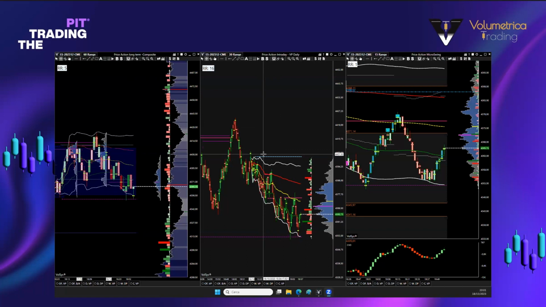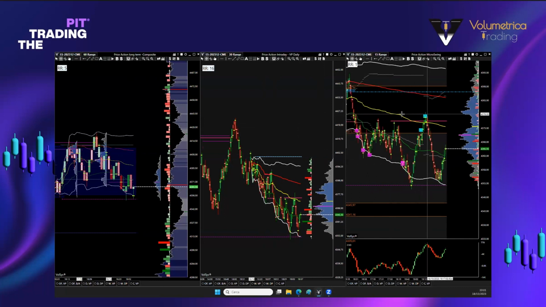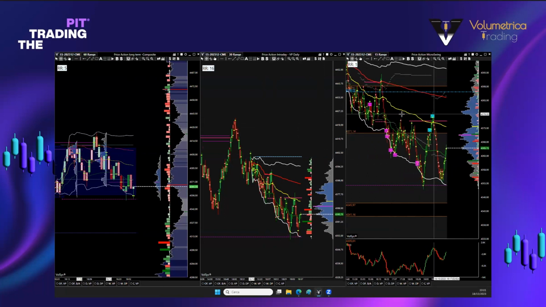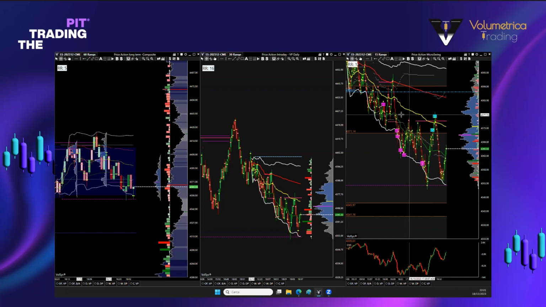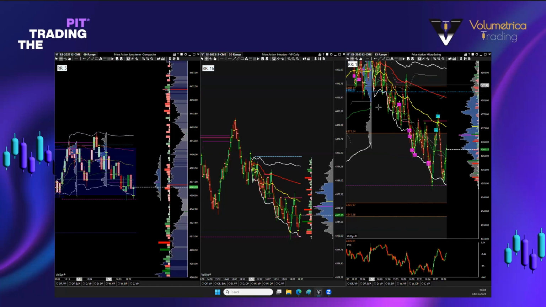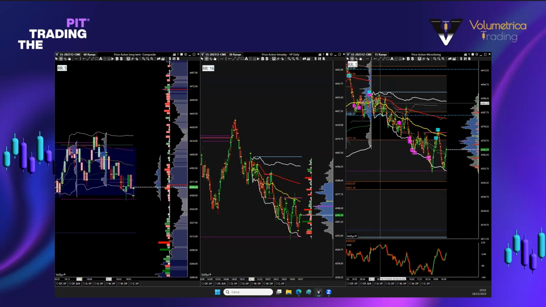Basically, as you can see from my screen, we have had a rotational session. We had the cash session opening, going from this technical area of 4,400 even, and started to push to the downside on the RTH opening session.